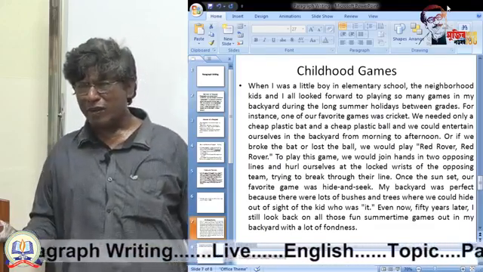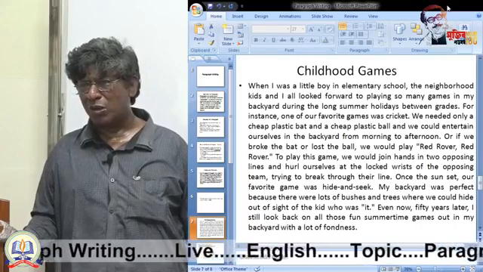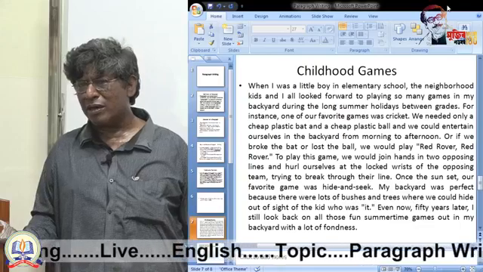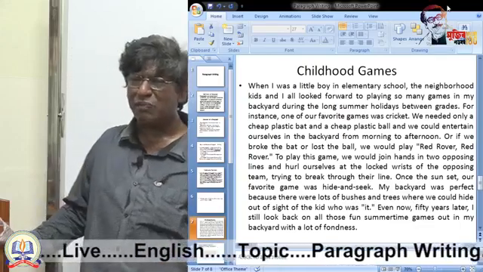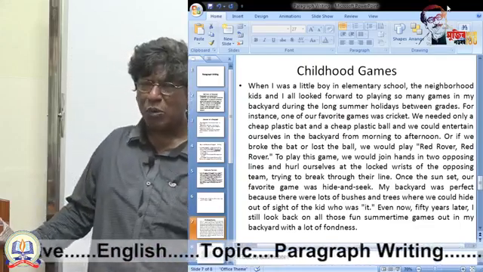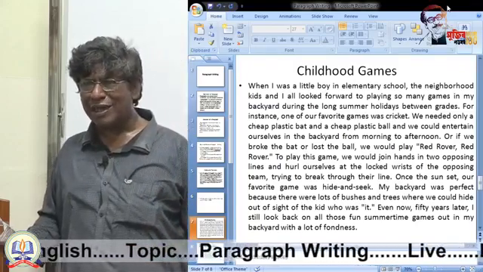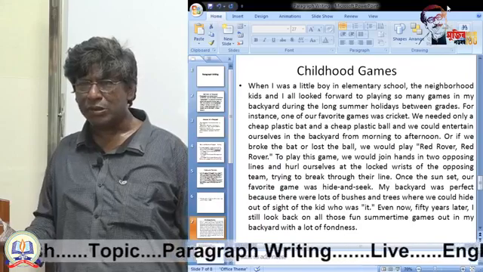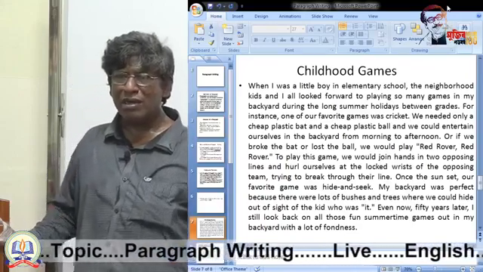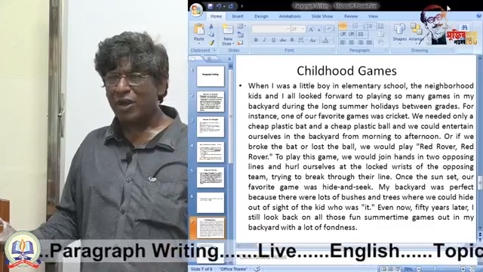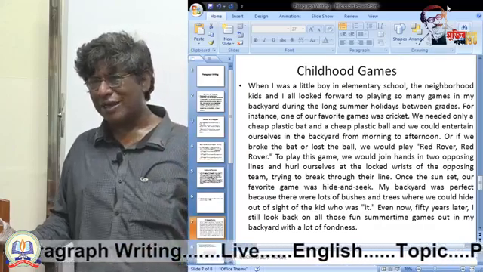Or if we broke the bat or lost the ball, we would play Red Rover, the name of another game. To play this game, we would join hands in two opposing lines and hurl ourselves at the locked wrists of the opposing team, trying to break through their line.